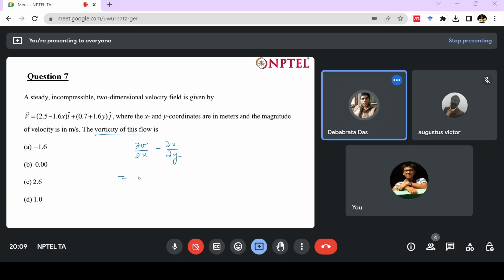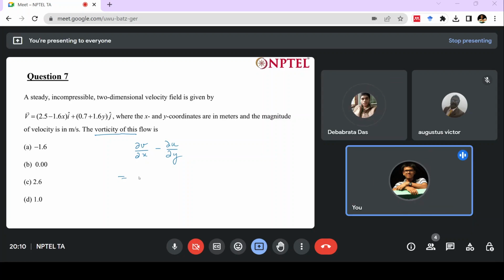Zero, sir. Yeah, both of these components are zero. Del v del x is zero because there is no x dependence in the y velocity. There is no y dependence in the x velocity, so this is also zero. So vorticity is zero. So this flow is irrotational, right? There is no rotational component involved in this flow.